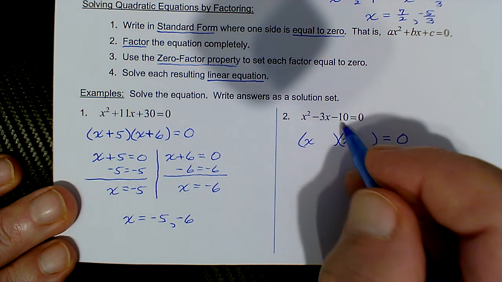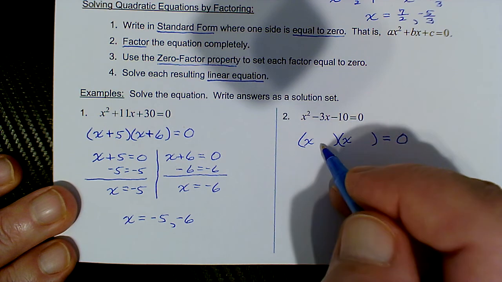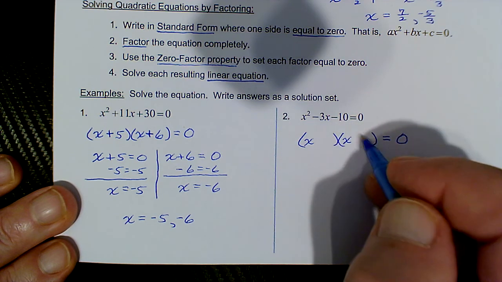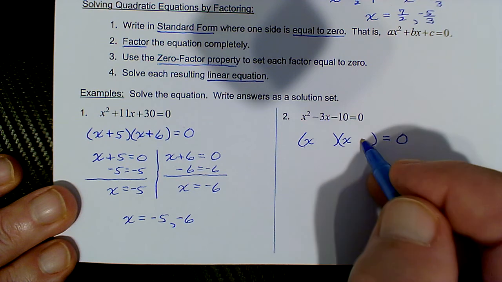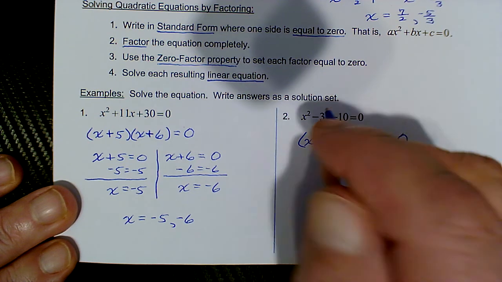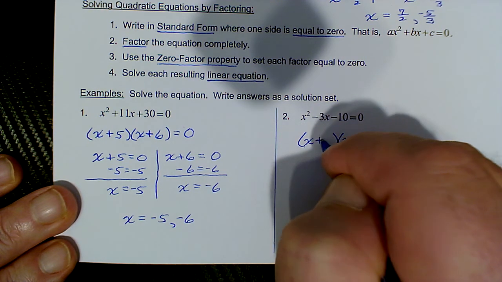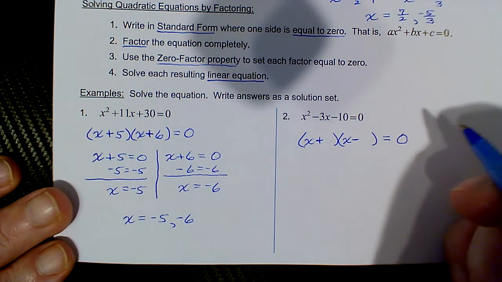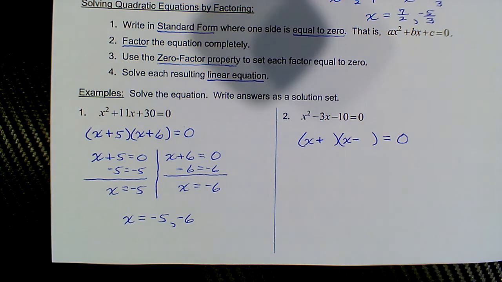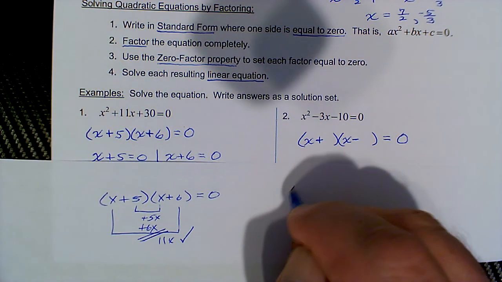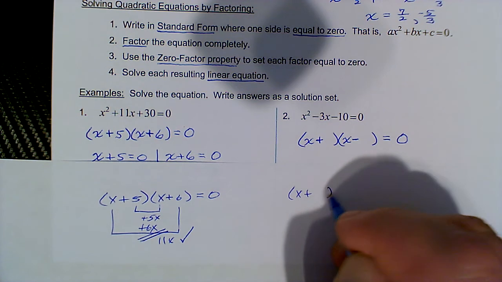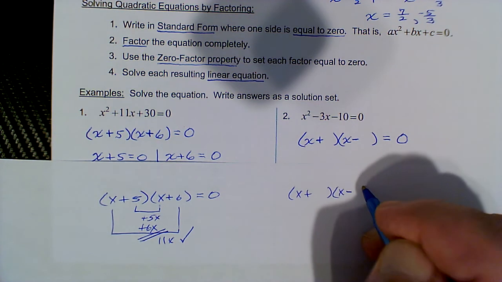Okay, with regards to the signs of the terms in the binomials, we know that they're opposite because the constant term is negative, so the only way to multiply the last terms to get a negative is if we have opposite signs. It could be plus minus, minus plus, doesn't matter. But now let me get some scrap paper and try this out. Okay, we're going to have x plus something, x minus something.